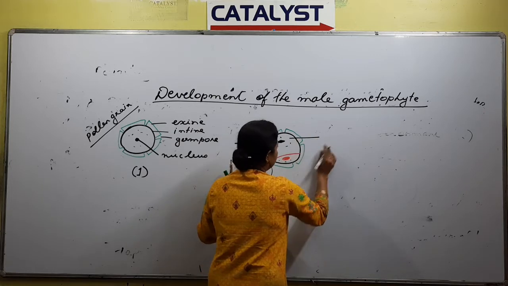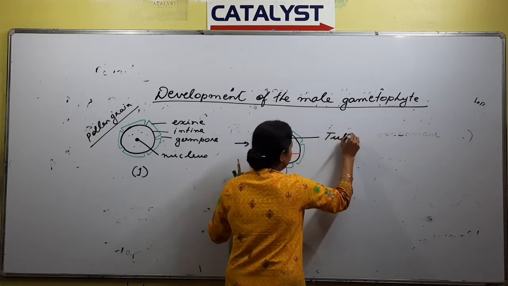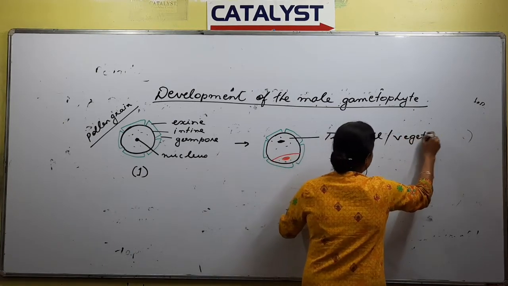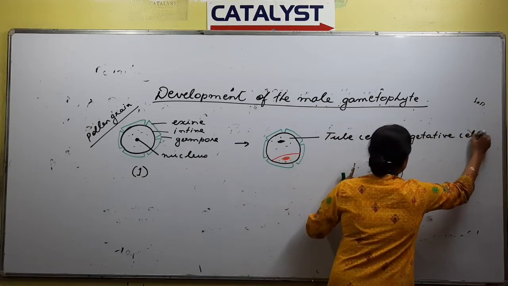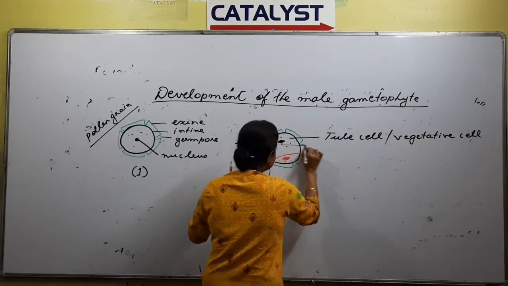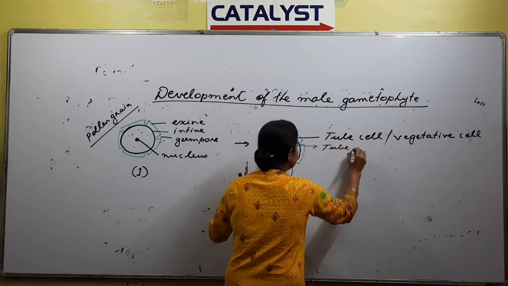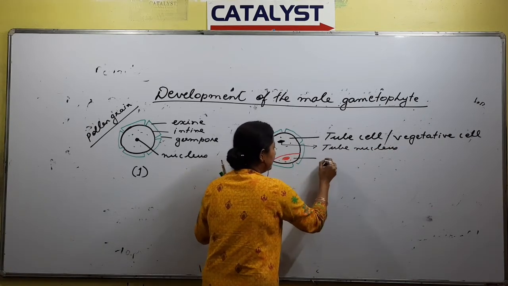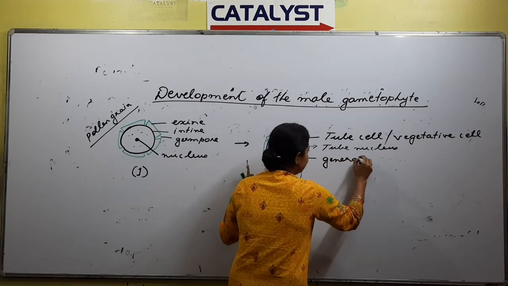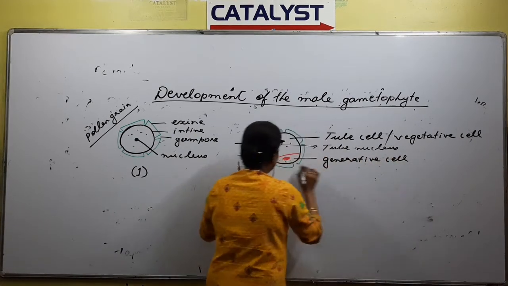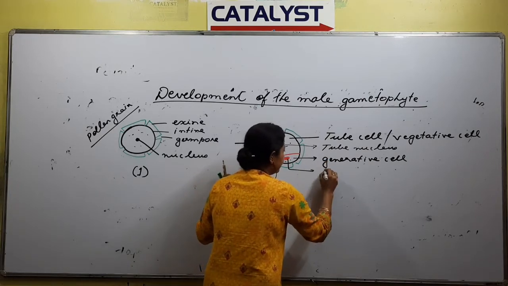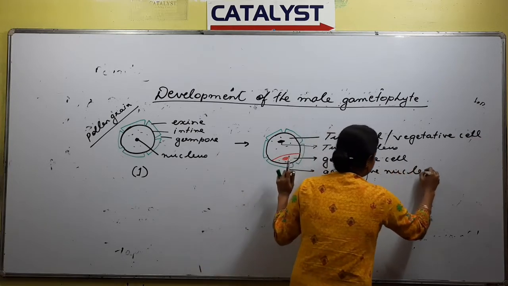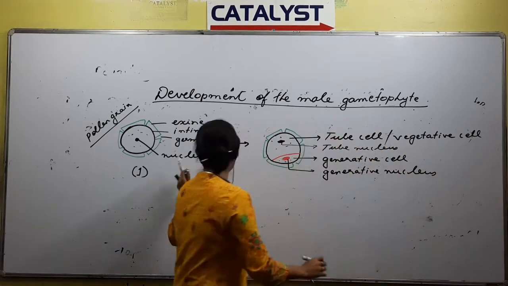This is called the tube cell or vegetative cell. This is the tube nucleus. The smaller one is called the generative cell, and this one is the generative nucleus. Right? So this was step number 1, this is step number 2.